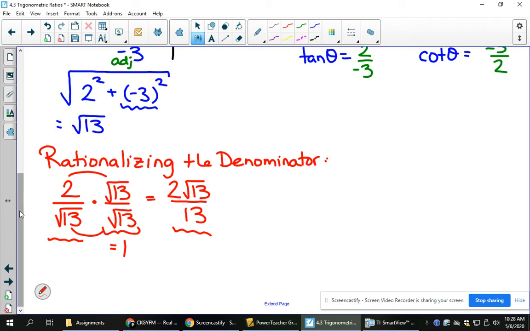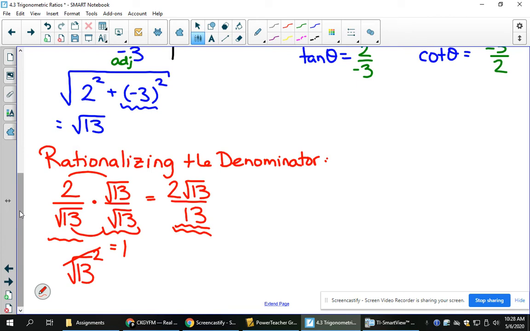Another way of thinking about that in math is if I take something and multiply by itself, I'm actually squaring it. Squaring and square rooting are opposites in math, and opposites cancel. That means I get whole number 13 in the bottom. As soon as the radical's gone in the bottom and it's a whole number, you've rationalized the denominator.